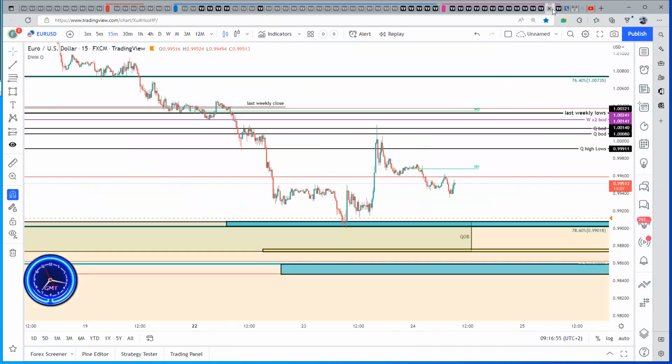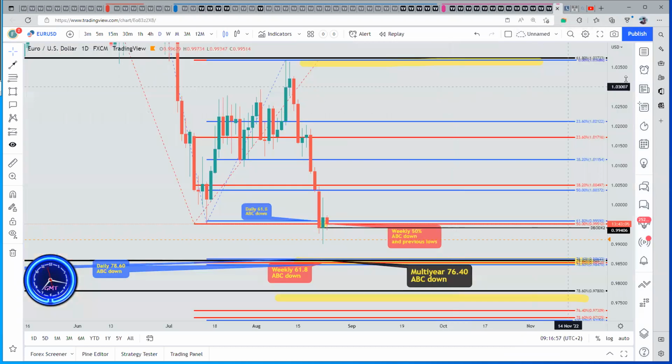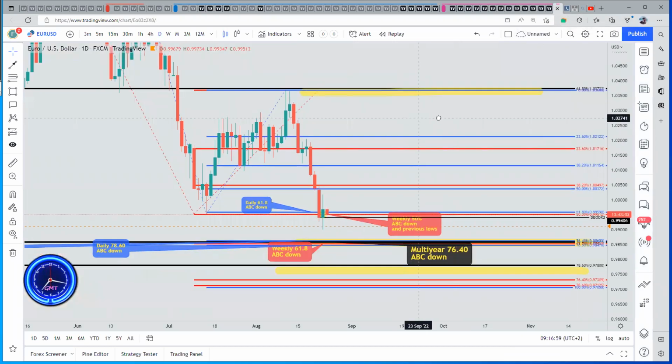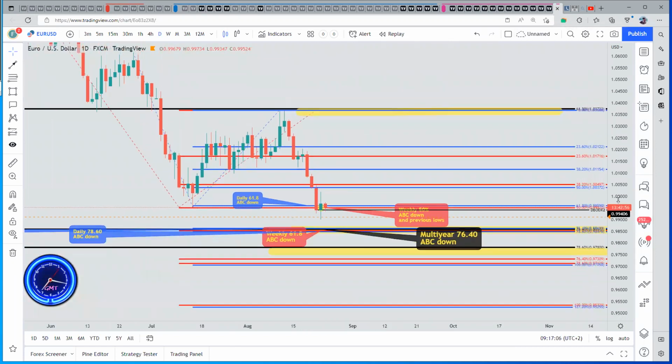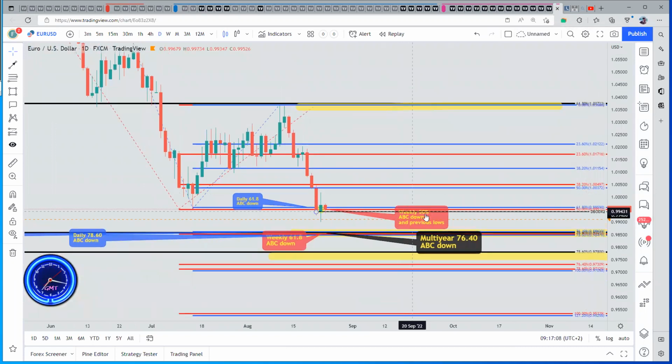So let's go back to the daily close, because it's always important to start the day looking at what happened on the daily close. We closed here above this 50% fib. This 50% fib is of the weekly ABC down, and more importantly, it is the previous lows we had.